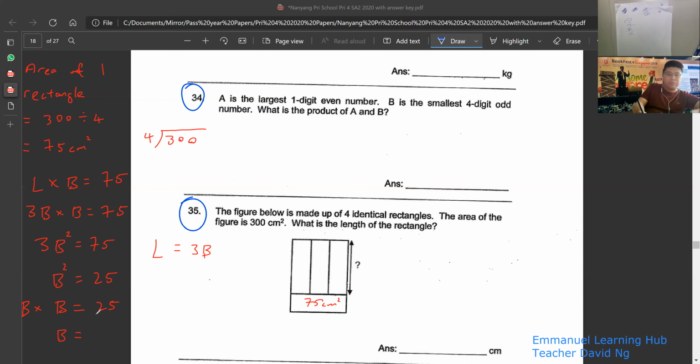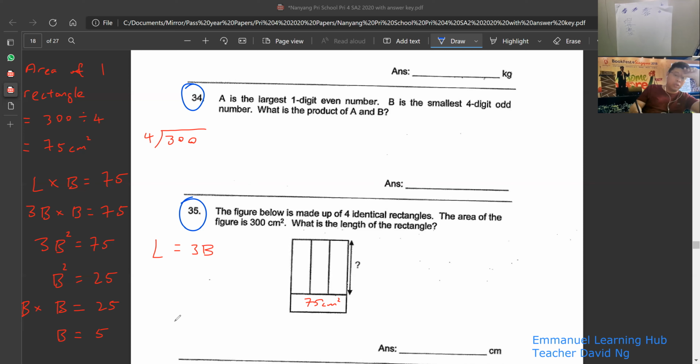So breadth is 5. The question is asking for length. Length is equal to what? Length is not 25.